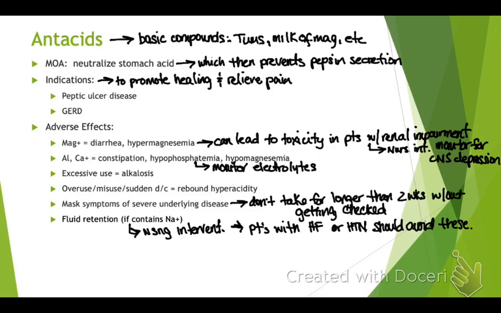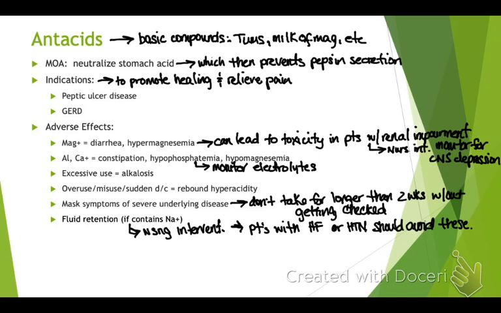As a nursing intervention, you need to monitor for CNS depression because you may have an increase in your magnesium level, especially if you're taking a lot of Milk of Magnesia, especially that type of medication. Aluminum and calcium will cause constipation, so you need to monitor patients for that.